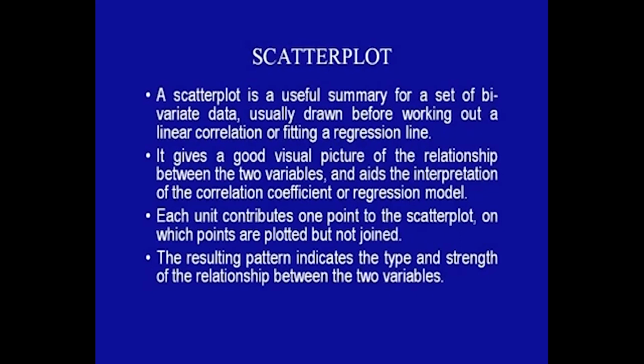It gives a good visual picture of the relationship between the two variables and aids the interpretation of the correlation coefficient or the regression model. Each unit contributes 1 point to the scatter plot on which the points are plotted but not joined. The resulting pattern indicates the type and the strength of the relationship between the two variables.